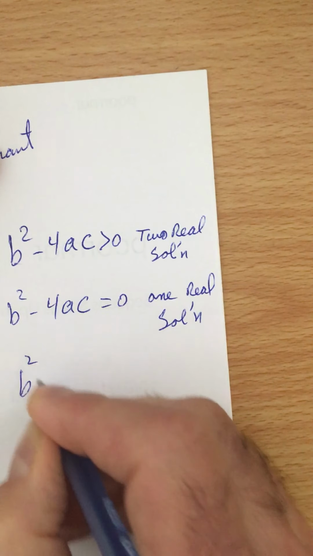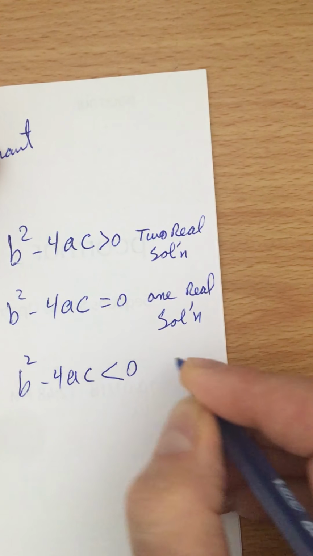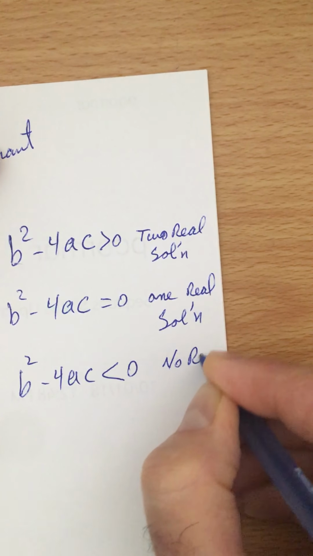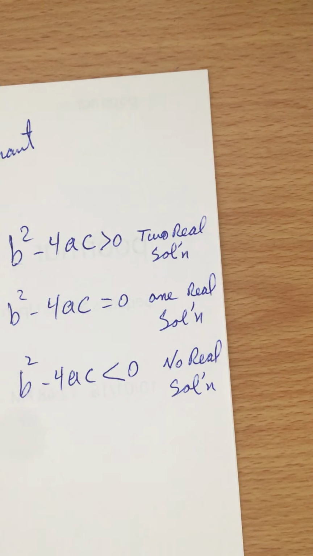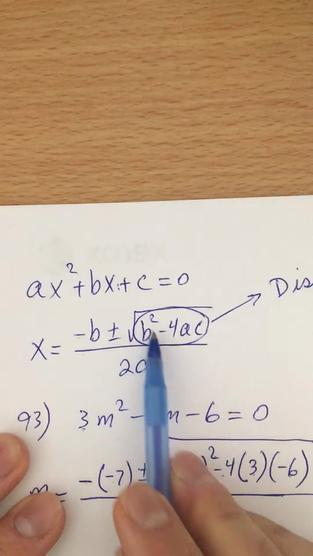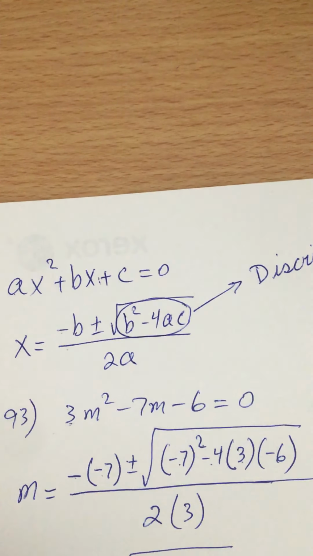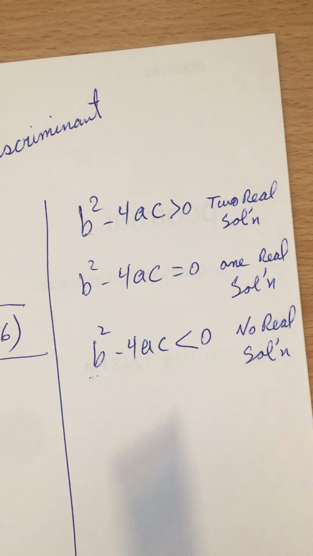And if your discriminant is less than 0, that is, it's negative, then you have no real solutions. You're going to have imaginary solutions. And the reason is obvious, because if this quantity is negative and you have a negative under the square root, remember last time I said if you're taking a square root of a negative number, you will get imaginary solutions. You don't have real solutions. So that's why this will give you no real solution.